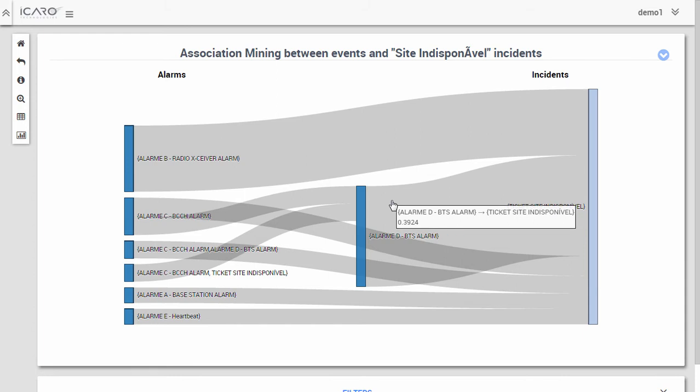And this customer told us that this alarm was on a blacklist. They were not paying attention to that. And actually, 40% of the times, it would predict a cell site unavailable. So there was a lot of room for improvement in their process here. Can you imagine how much money they could save if they now start to pay attention to this alarm and take action before the cell site goes down?